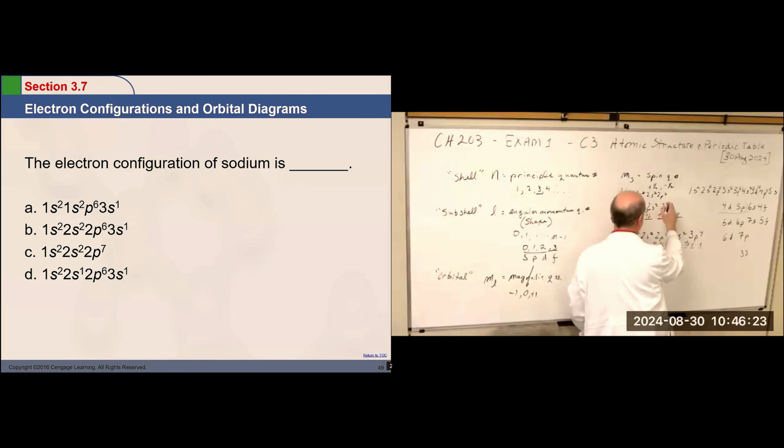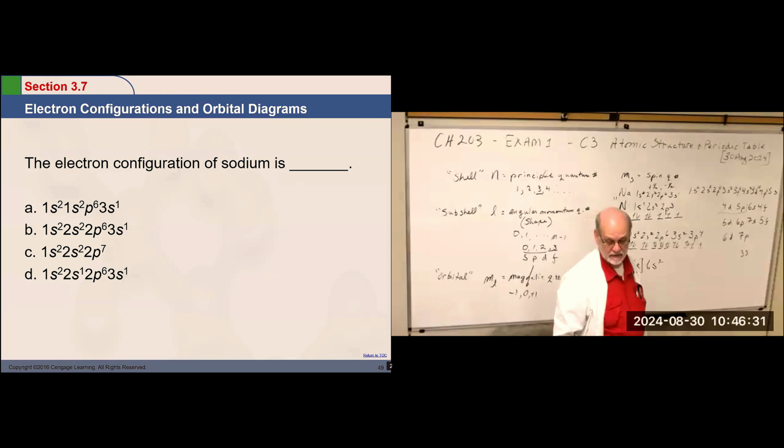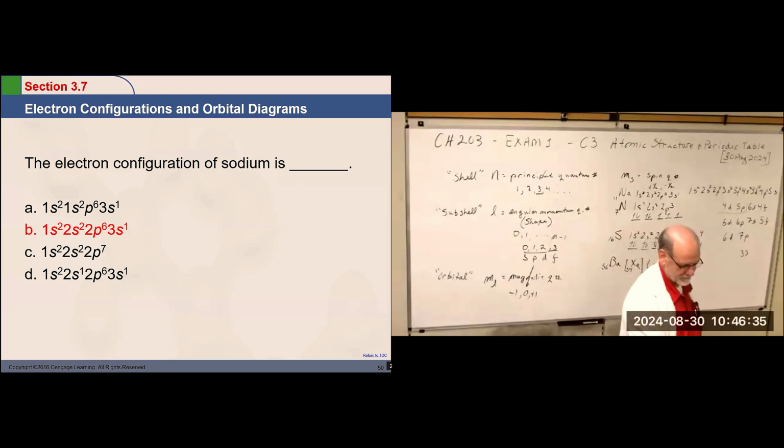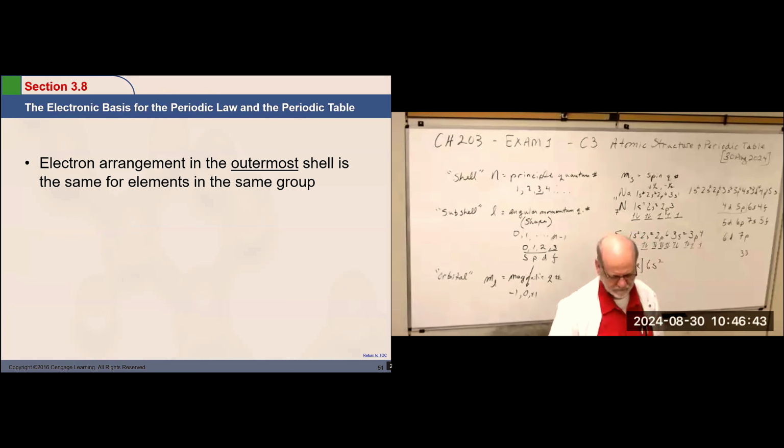And that gives us 1 left over with a 3s. So which one fits that one? 1s, 2s, 2p, B. Looks like B is the right one. Yep. It just takes practice.